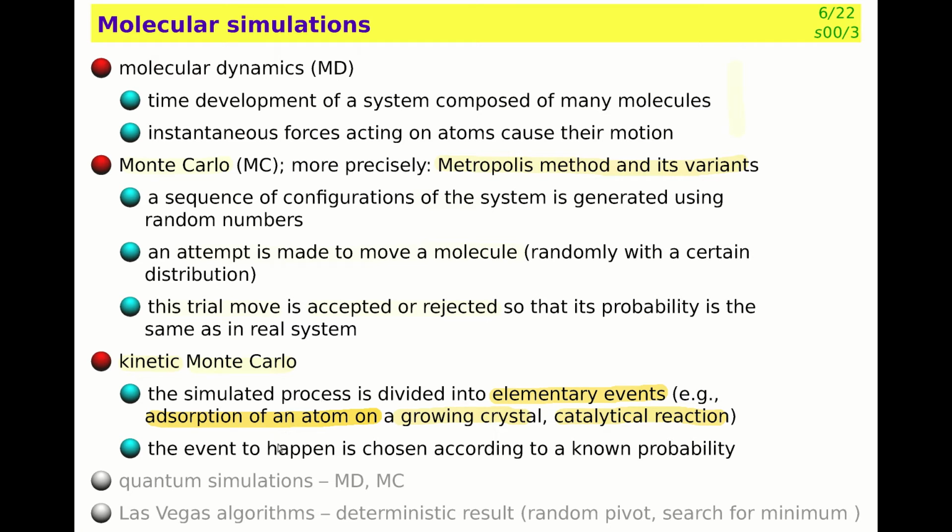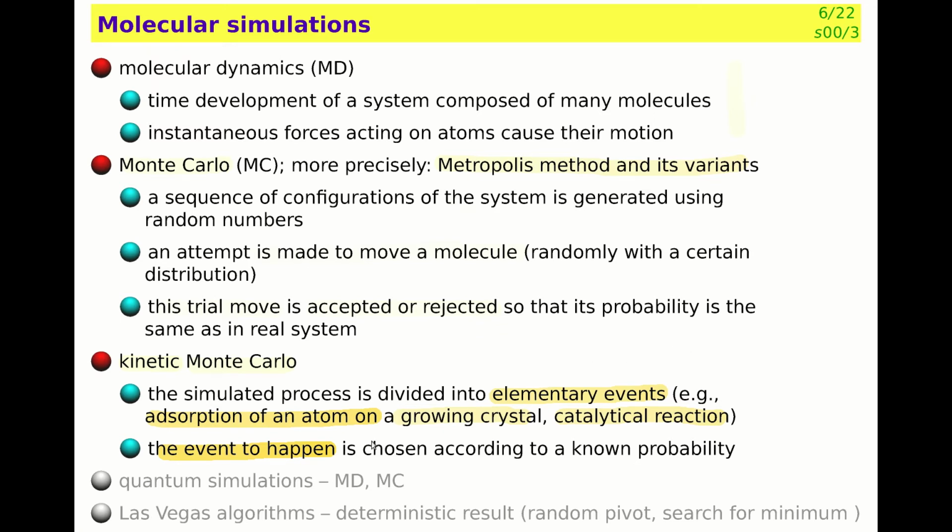And then we'll choose the next event which is going to happen according to the known probabilities. So we must choose it according to a certain table of known probabilities. And we repeat this many times, and in this case we'll get the time development of the system. So we can see that these are plus minus three possible approaches which are often used.